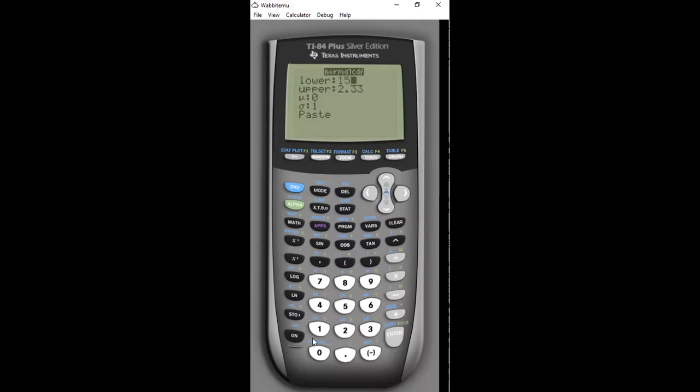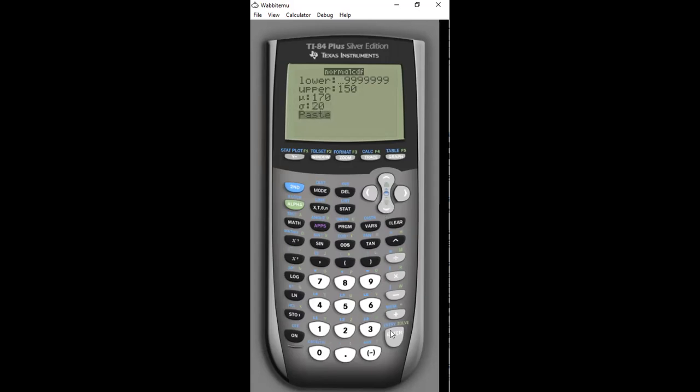The lower bound is negative 9999999, I'm sorry, the lower bound is negatives, and the upper bound is 150. The mean here is 170, and the sigma is 20.